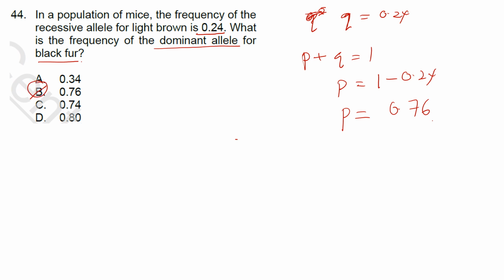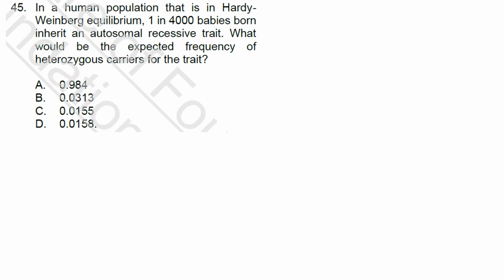Okay, so for the next question, in a human population that is in Hardy-Weinberg equilibrium, 1 in 4,000 babies born inherit an autosomal recessive trait. So the value Q squared is already given, which is Q squared equals 1 over 40,000.